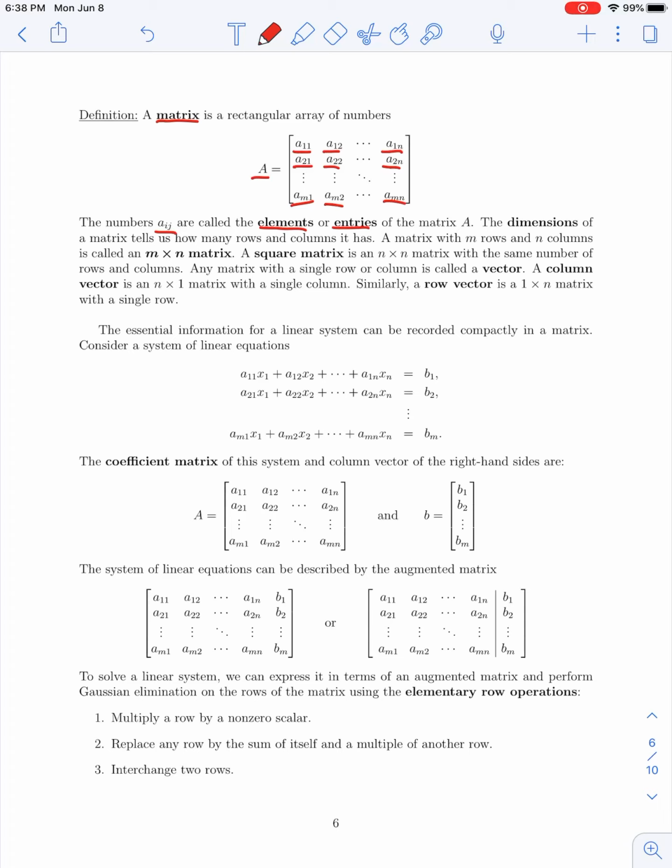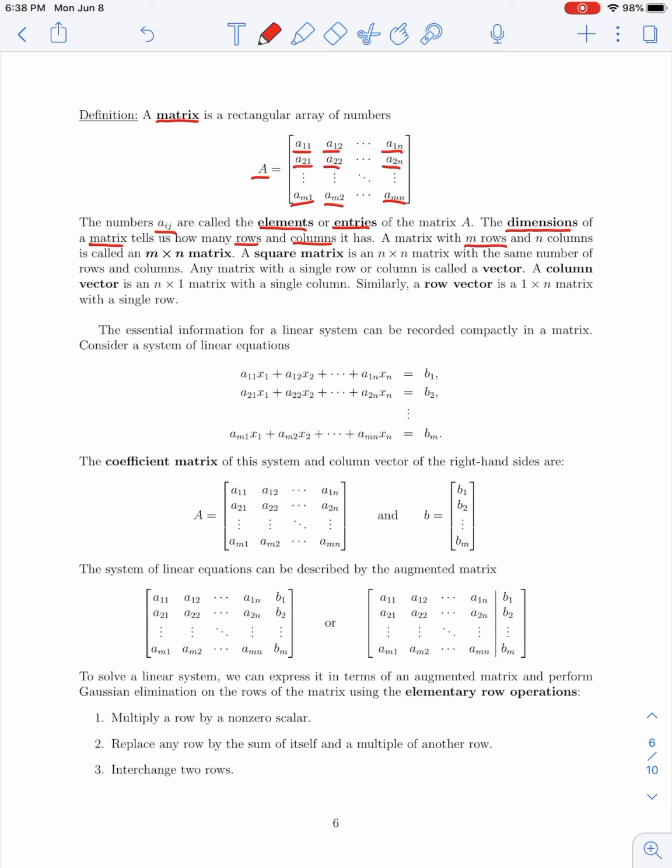So when we refer to the dimensions of a matrix, we're asking how many rows and columns it has. Some people say size of a matrix, some people say dimensions. So in this general definition that I've given, we had a matrix that had m rows and n columns.